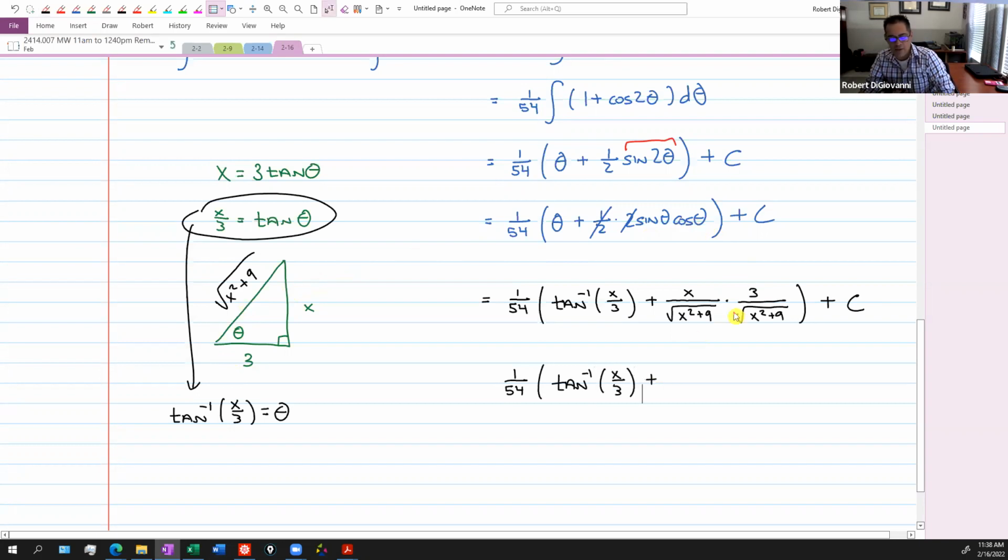I'm going to multiply these two fractions together and just get 3x on top, and on the bottom, because these are both roots, they multiply together, the roots go away. I get x squared plus 9, plus c. It's just a little cleaner that way.